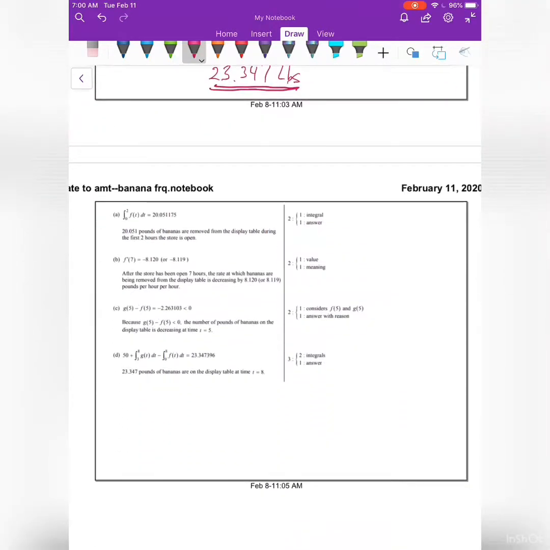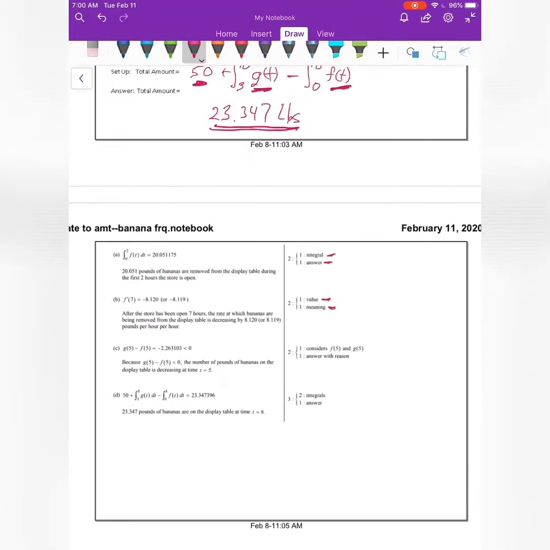So if you're curious, here is actually the grading rubric. So if you were following along, part A, the integral setup is actually 1 point, and the answer is the other. So plugging it in your calculator is 1 point. Part B, doing f prime of 7, just getting a number, that's 1 point. The whole meaning of it, with all those little pieces I said that you needed, was a 2nd point. On part C, that was figuring out if the number of bananas was increasing or decreasing at time 5.